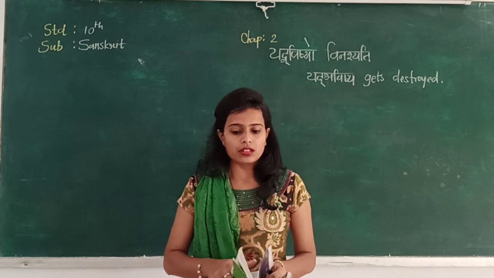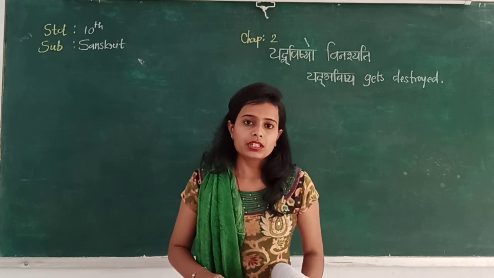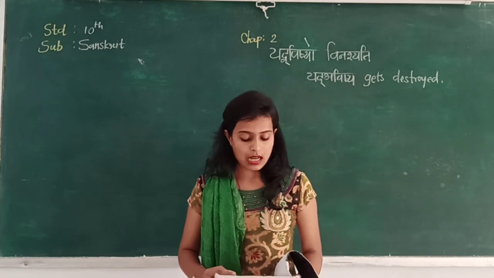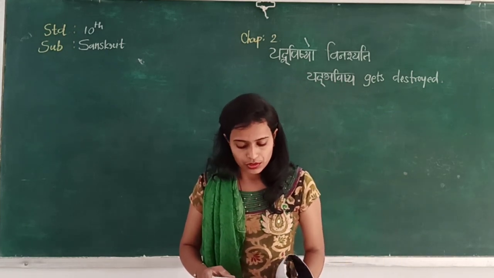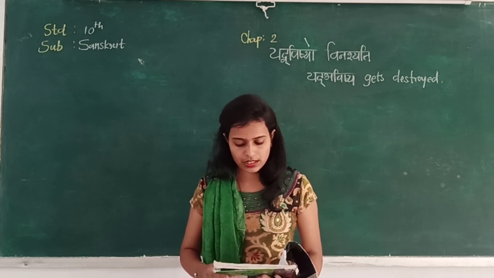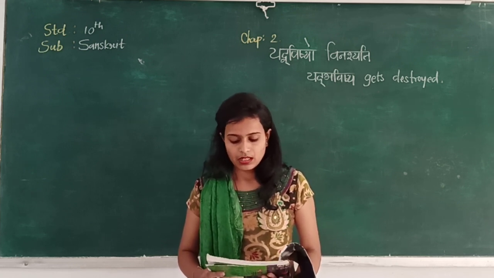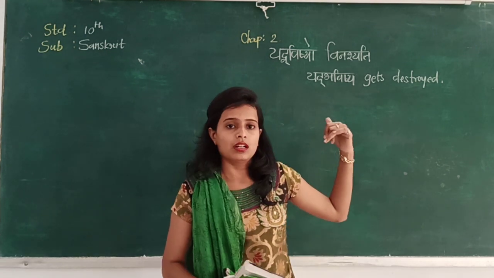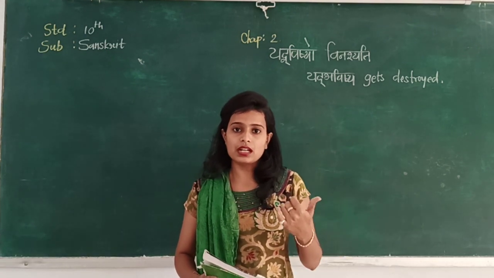Mitra Bhedam, Mitra Samprapti, Kakolukiyam, Labdha Pranasham and Aparikshit Karkam. This story is taken from the first section, Mitra Bhedam, discord between friends. So this story is in Panchatantra, the very first part.